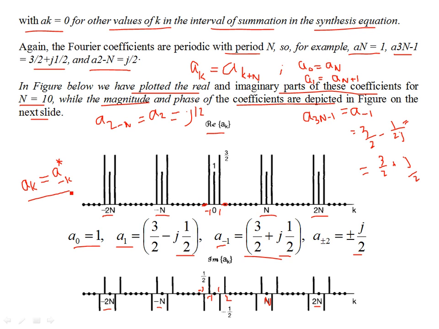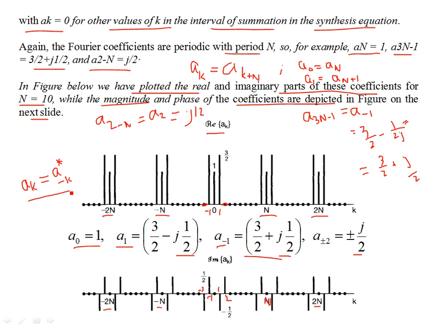We have already shown this if you look into the properties of continuous time Fourier series that we discussed in the previous videos. For a real signal, the Fourier coefficients are conjugate symmetric.